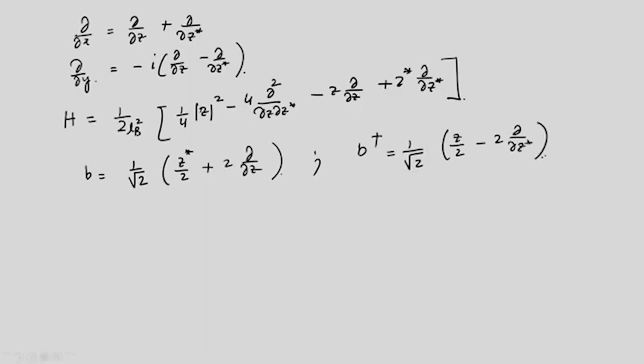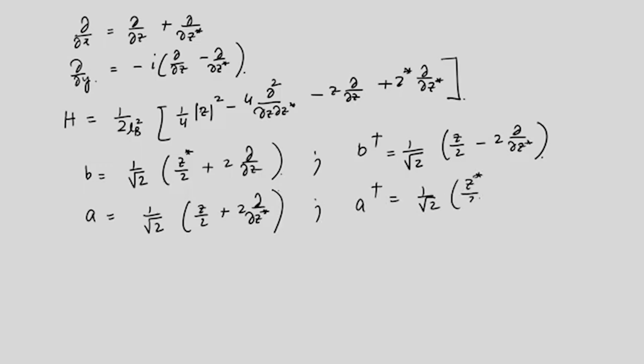You can change all your z tilde to z star if you want. And a equals 1 by root 2 times (z by 2 plus 2 del z star). Now, I am writing both the a and b operators together, and your a dagger is equal to 1 by root 2 times (z star by 2 minus 2 del z).